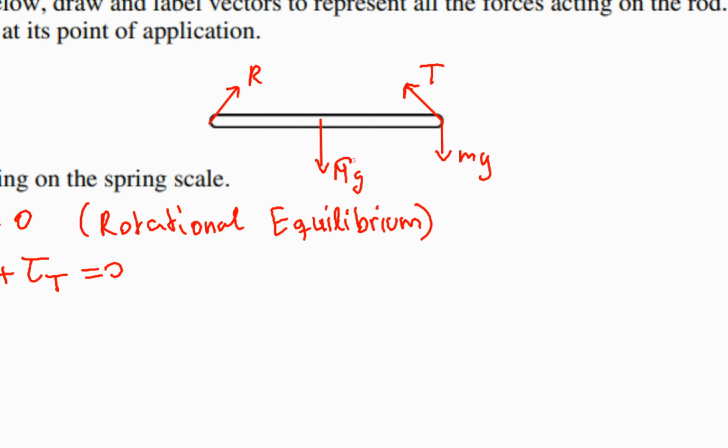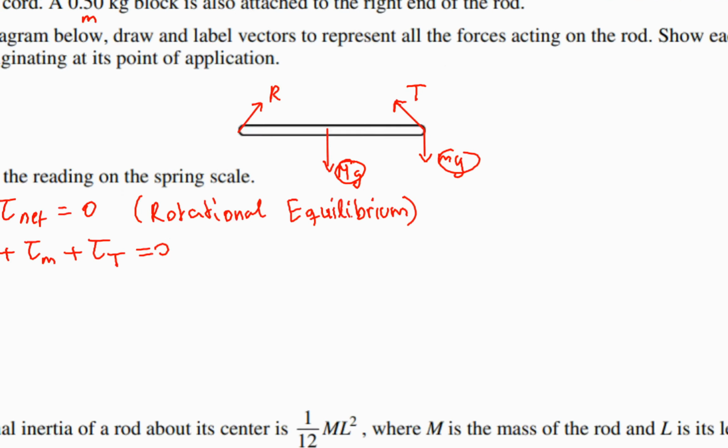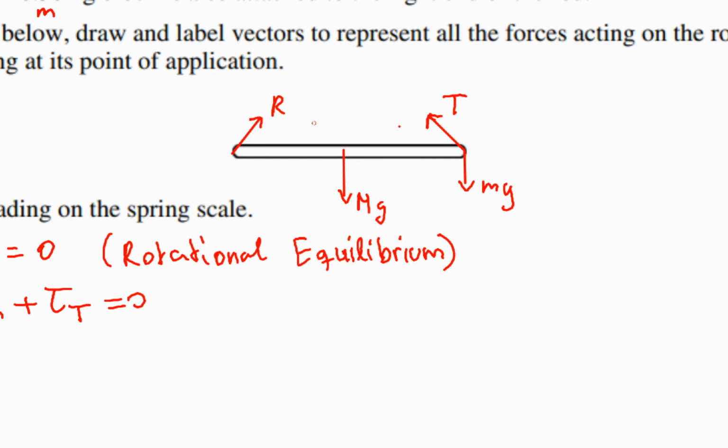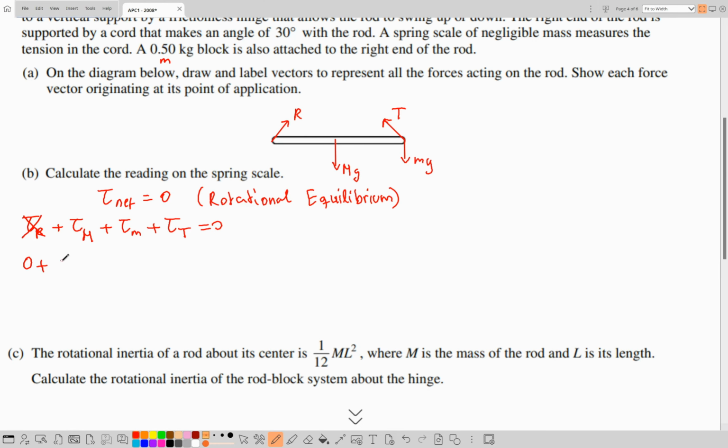Now notice that these two forces are being applied tangentially, so no need to consider cosine or sine, and they are producing torque in the negative direction, so that would be Mg multiplied by L over 2, which is the length of the rod, plus, it would be minus, then 0 minus mg L, plus the torque provided by the tension.